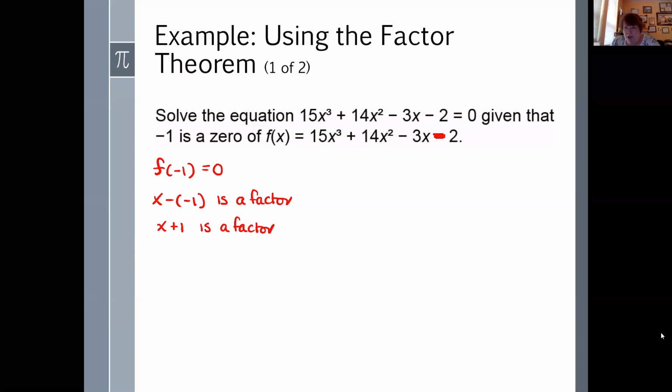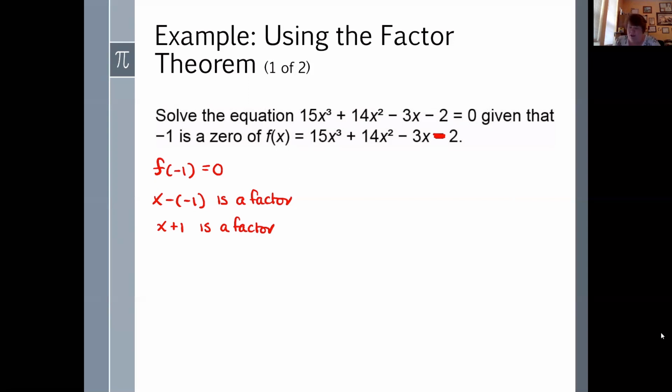So the quotient will be a factor of 15x to the third plus 14x squared minus 3x minus 2. So I can divide it by -1 using synthetic division and get the quotient, which will also be a factor of this function.